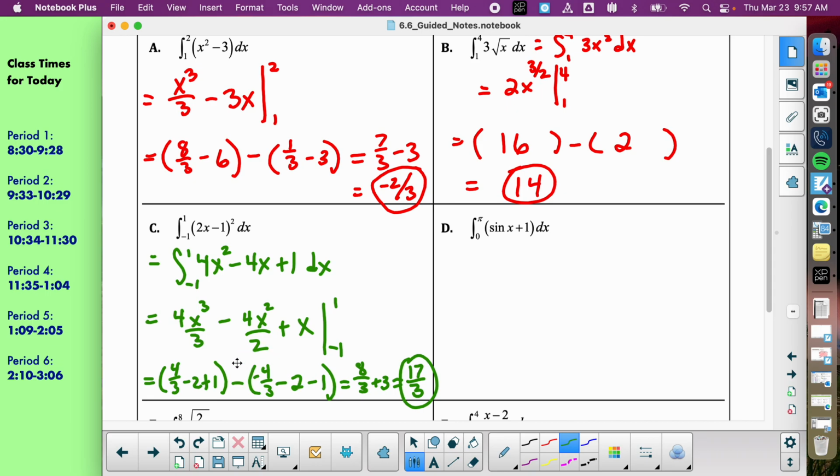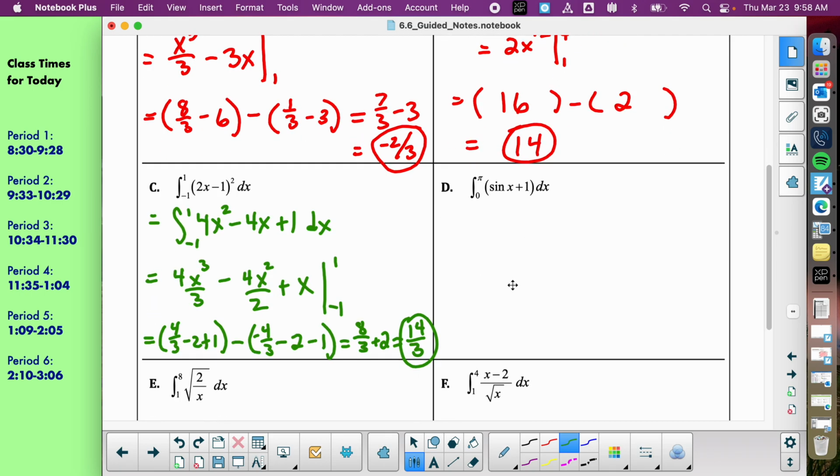Negative 1 plus 2 would be positive 1. Oh, yeah. I think I saw the 2 and then in my head made it a negative 2. There. Never happened.